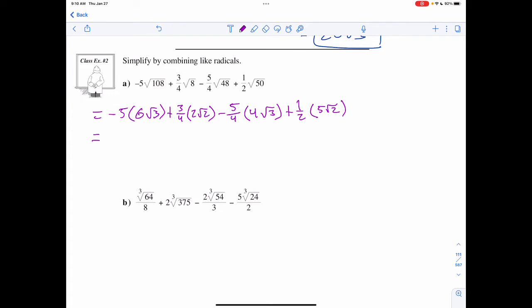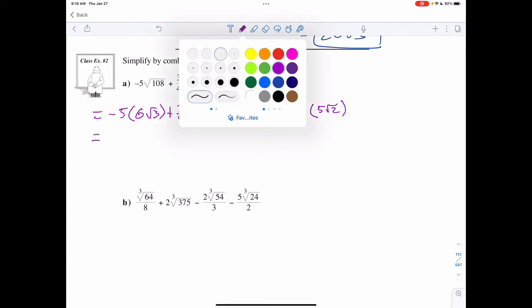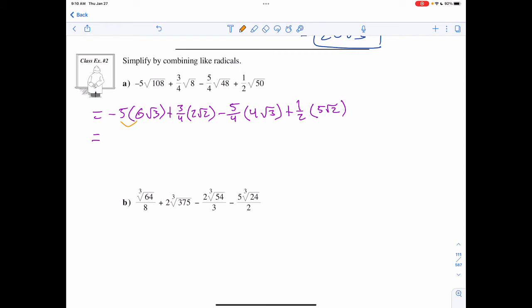I'm going to multiply it out properly, remembering that I'm still just multiplying a fraction, so I can multiply the fractions out and then simplify them.